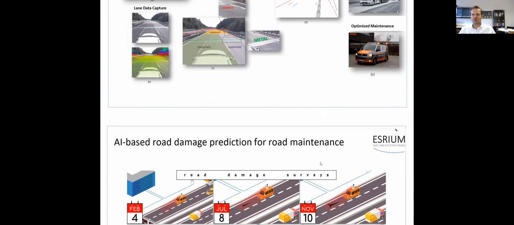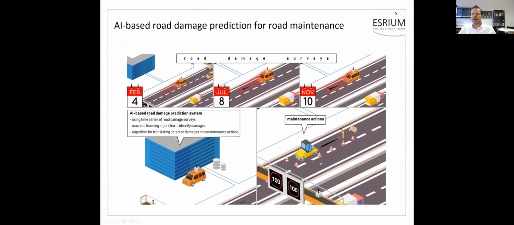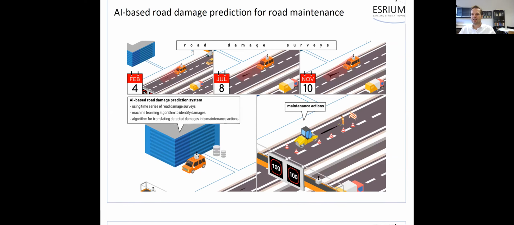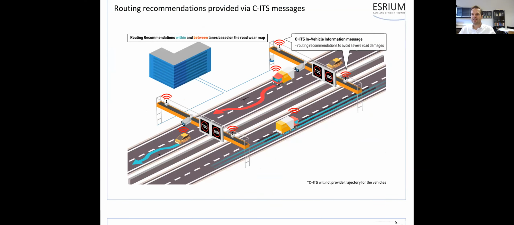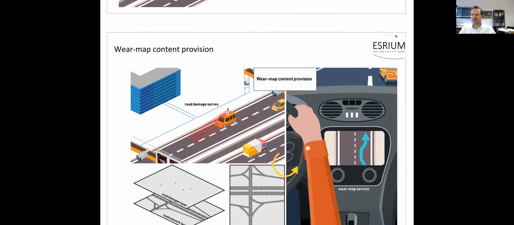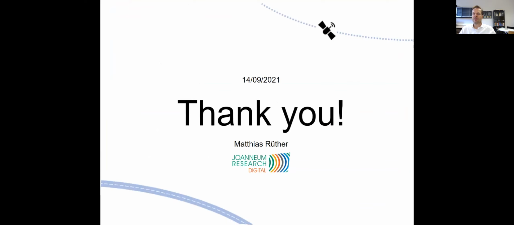So looking a bit at the time, we will get back to the use cases later on in the more detailed presentations. So now I will quickly jump over it. I guess you will see all of these images later on. I want to thank you all for taking the time and participating in our workshop.